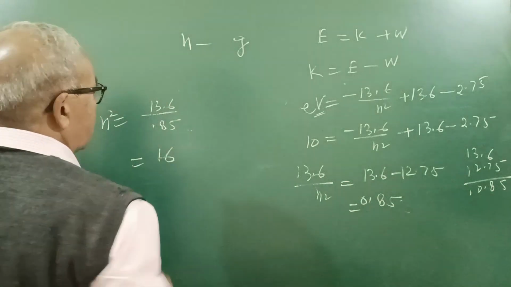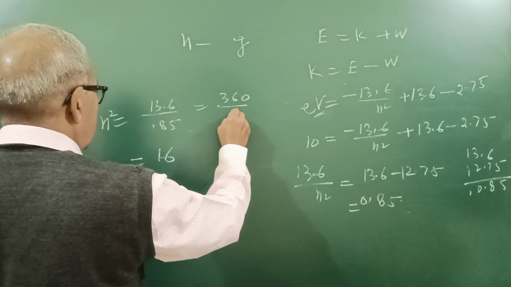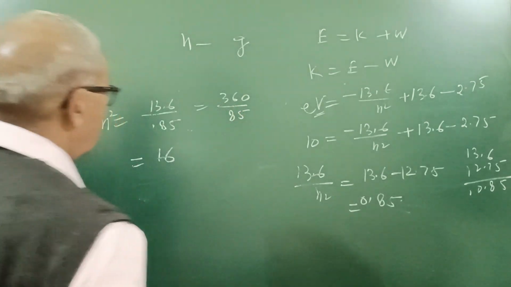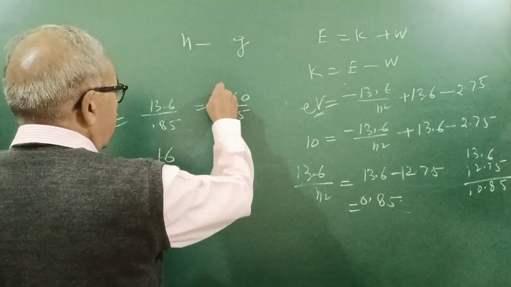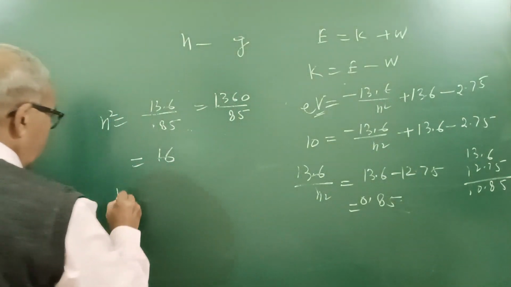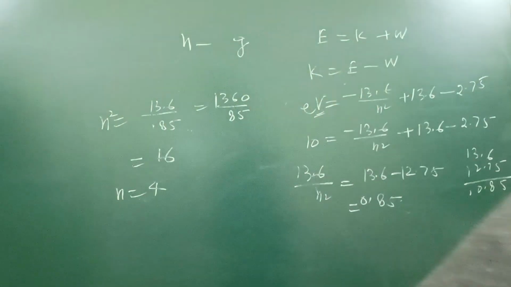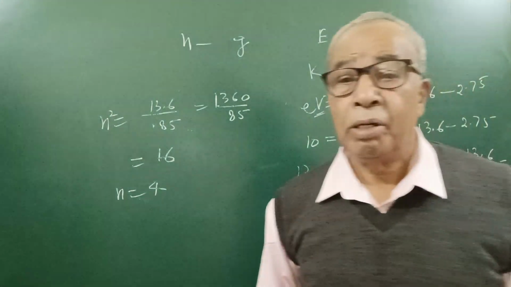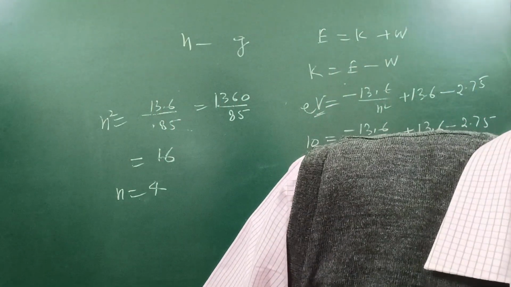So n equal to 4. So option D is correct here. So I have solved in this video 3 good questions.